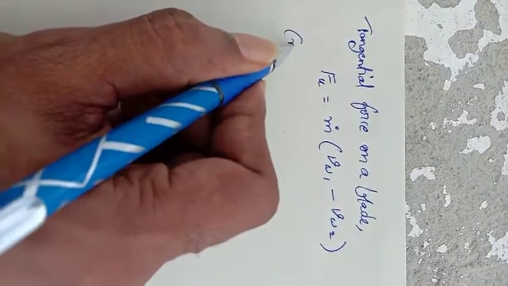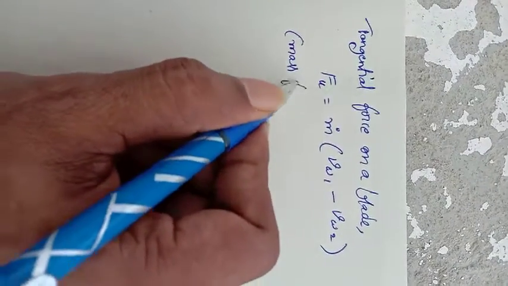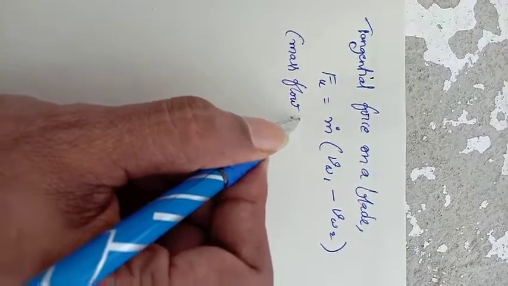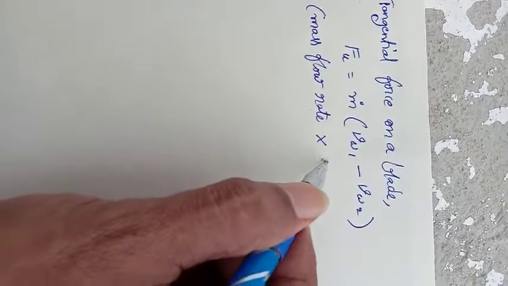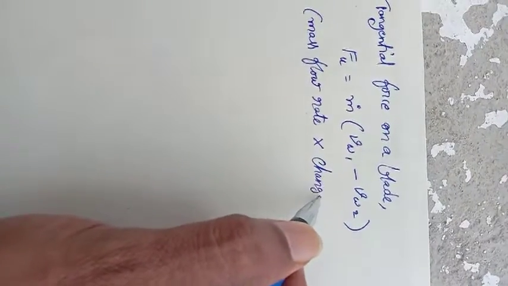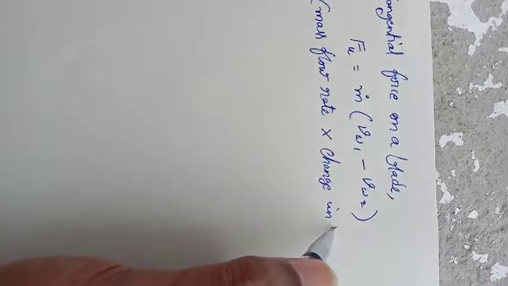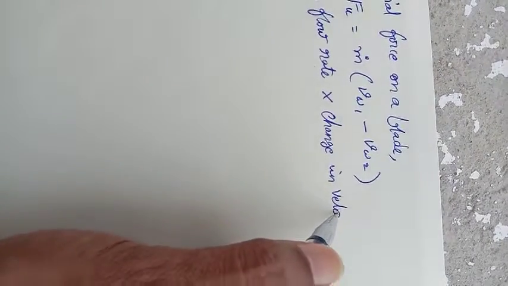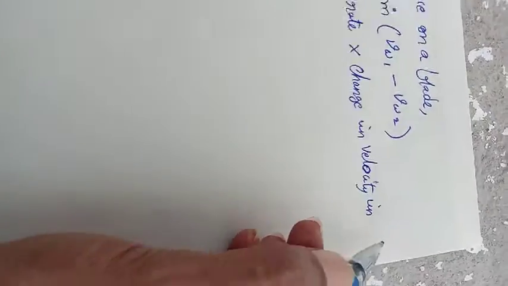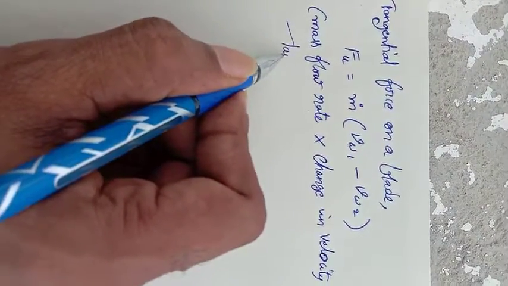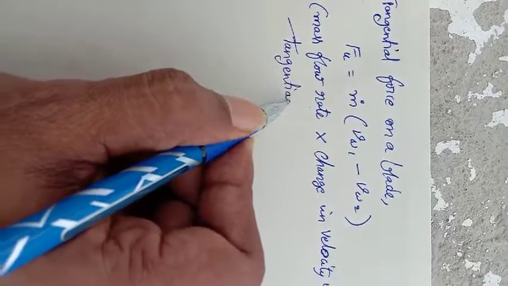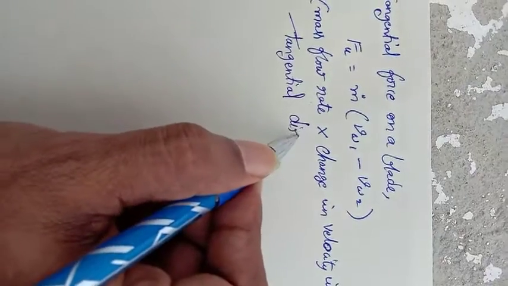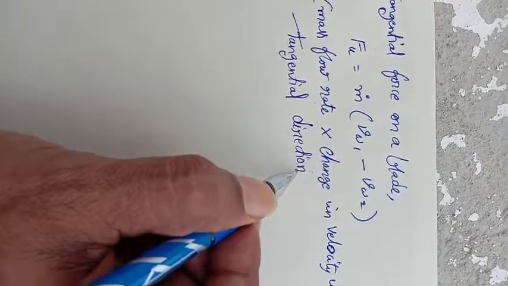Okay, now I can write here: mass flow rate into change in velocity in tangential direction.